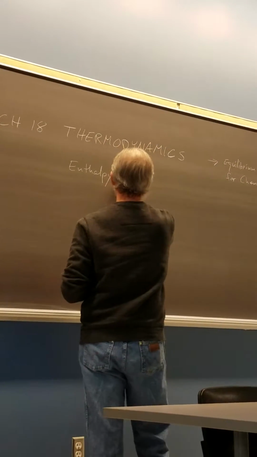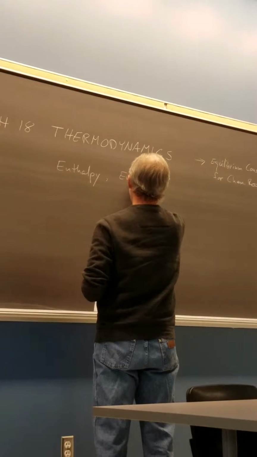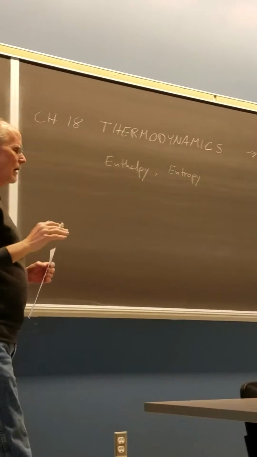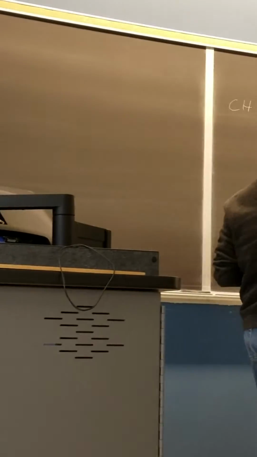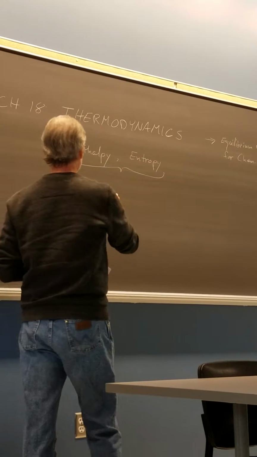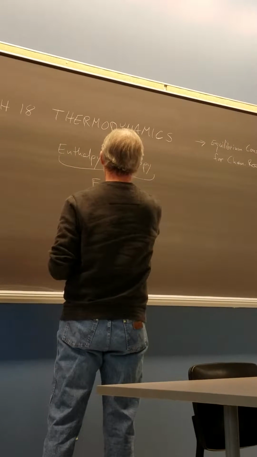The other 2 functions are entropy, which can be really tough to understand if you get too much into the details. It's super easy to understand just in the big picture concept. Entropy is essentially disorder, and you can also think about it as unpredictability. So that'll be a big part of the class on Wednesday, and then you can combine the 2 factors to get something called free energy.